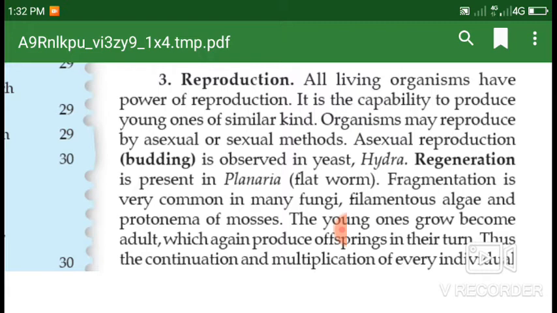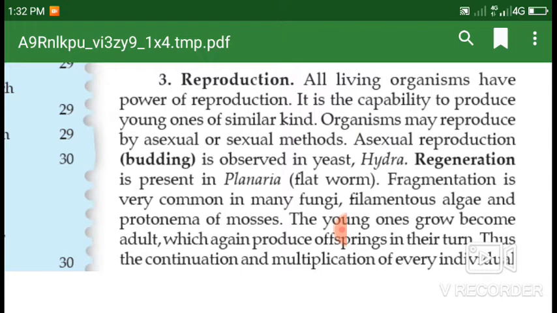Reproduction is the power of every organism to reproduce its young ones. There are two types of reproduction, asexual and sexual. In asexual reproduction, only a single parent is involved, while in sexual reproduction there is a fusion of male and female gametes.